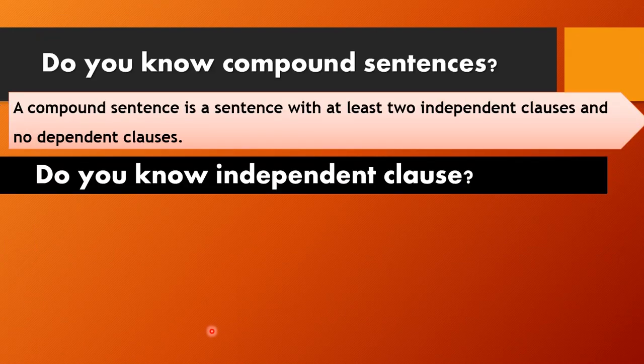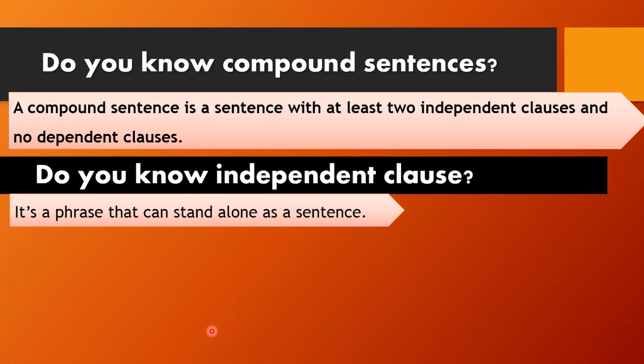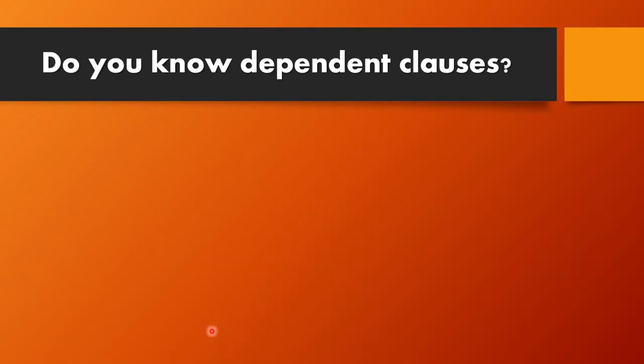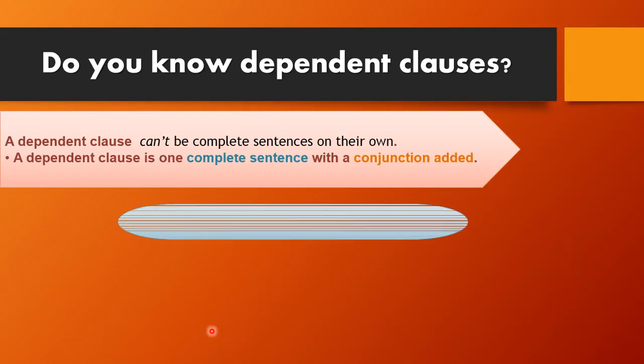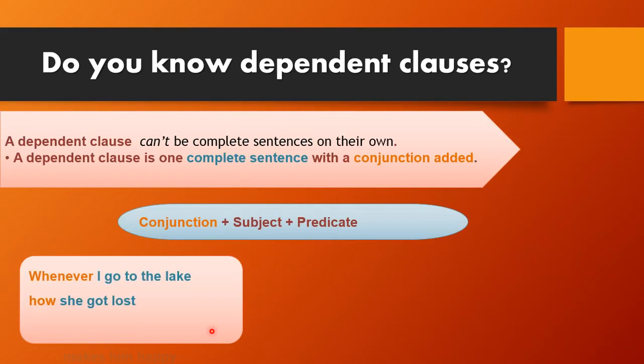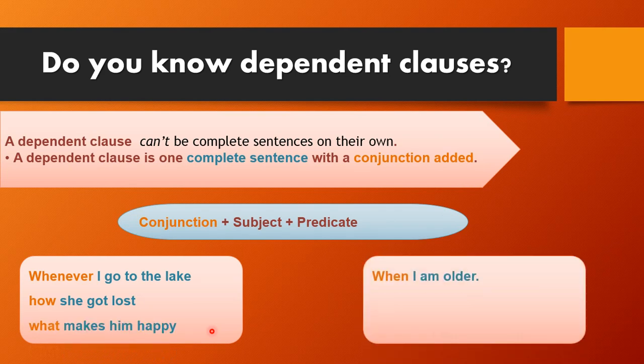Then we spoke about the dependent clause. What is the dependent clause? We said that the dependent clause is not a complete sentence, and it may have a subject and a predicate, but preceding them we have a kind of conjunction that cannot be omitted from this clause.